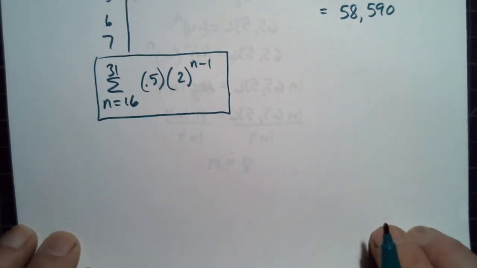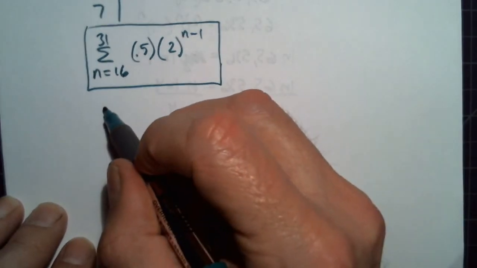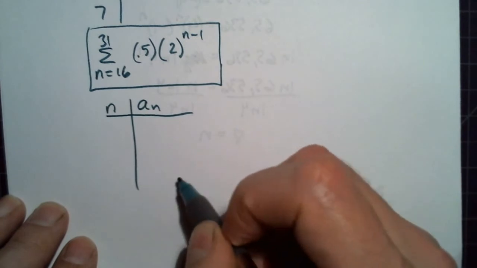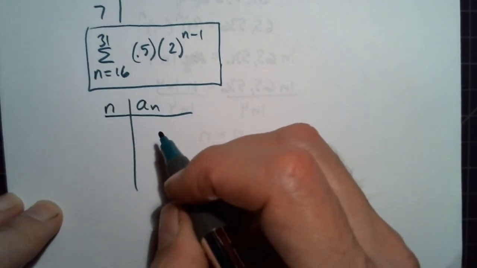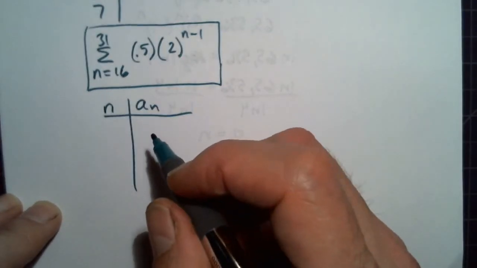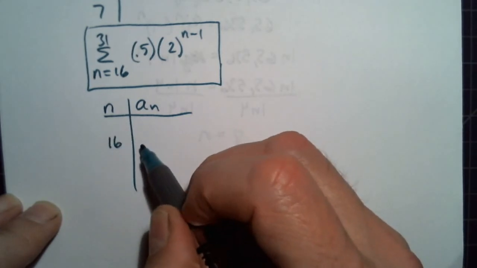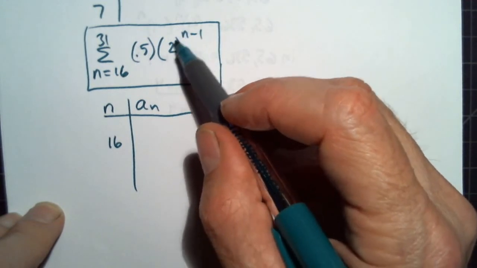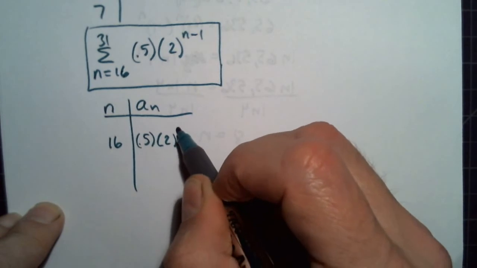Pause the video and try finding that partial sum. So if we put a 16 there, it'll be 2 to the 15th, so 0.5 times 2 to the 15th.